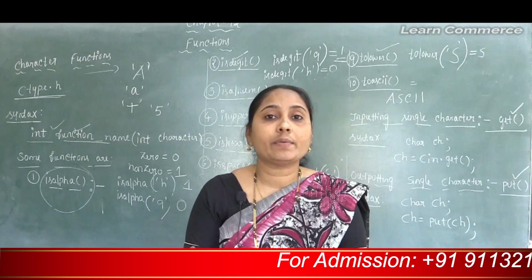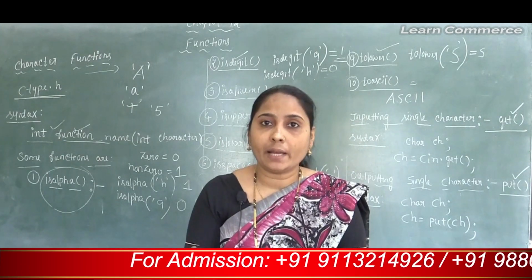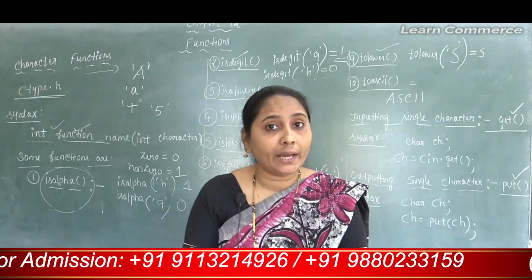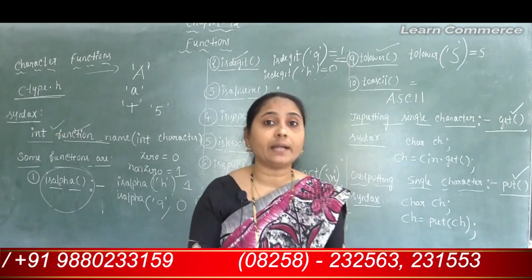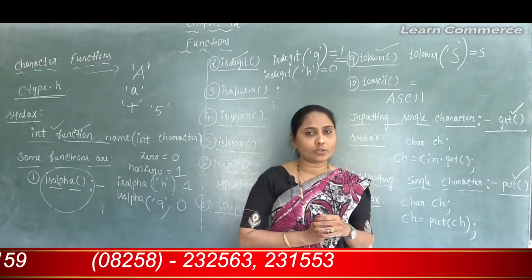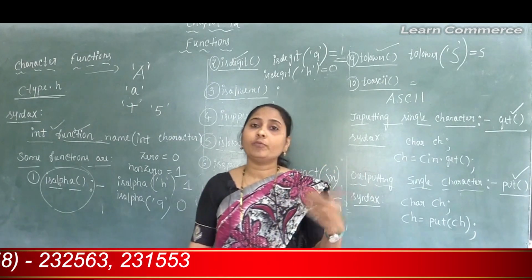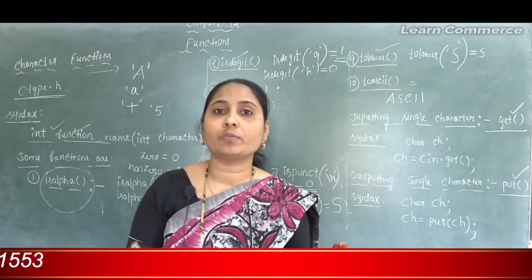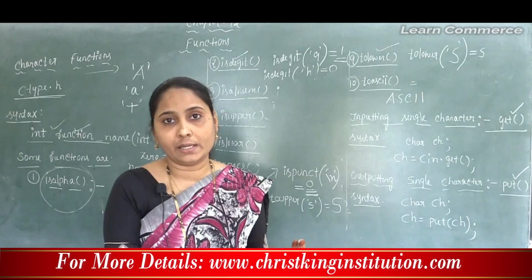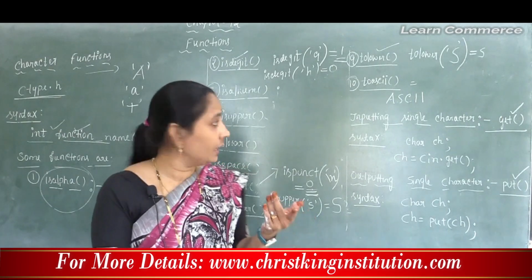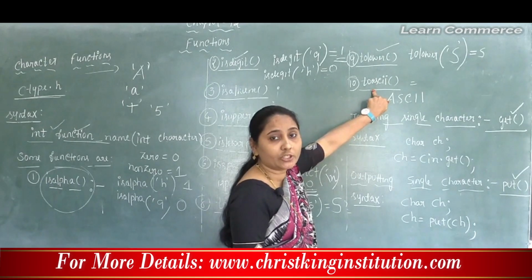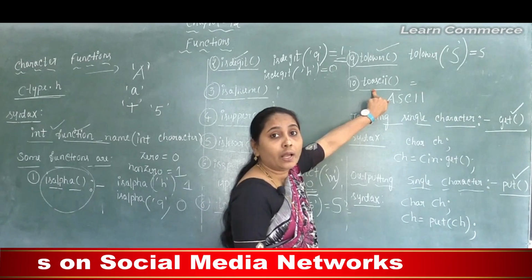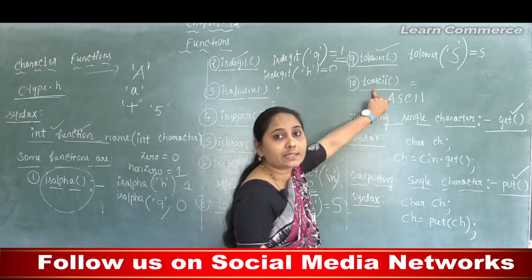Here 97 to 122, and the numbers 0 to 9 start from 48 to 57. So these are some examples of ASCII. In the ASCII example, it converts the character into its ASCII value.